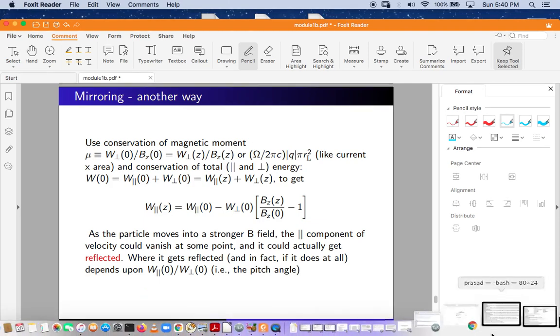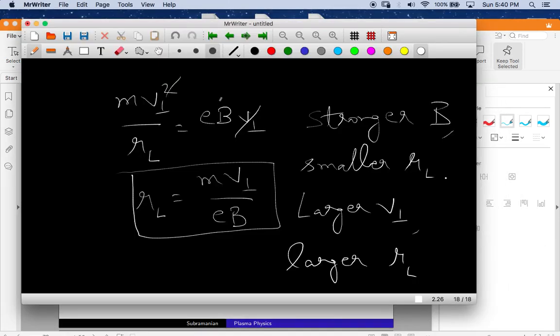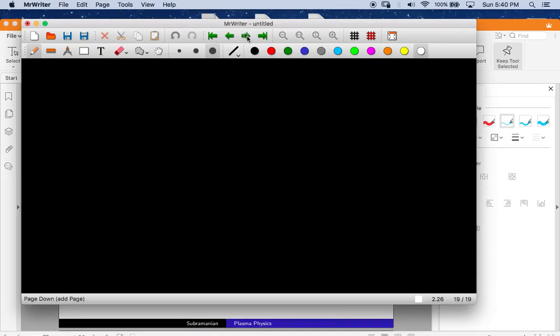Let me go to the blackboard. You remember the pitch angle was just how tightly you draw a tangent like this. This is the pitch angle.